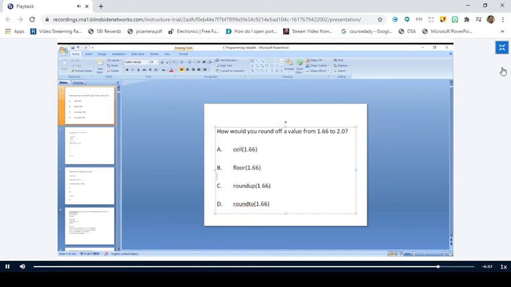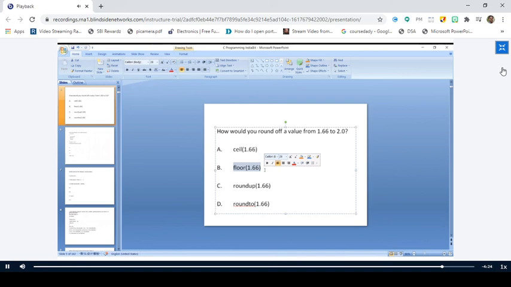So we have two different functions in the C programming language that support the upper value and lower value. For the upper value, we have the concept called ceil. Whenever you want to find the upper value of 1.66, that means 2.0, then we have to make use of a function called ceil. Whenever you want to get the lower value of 1.66, we'll get 1.